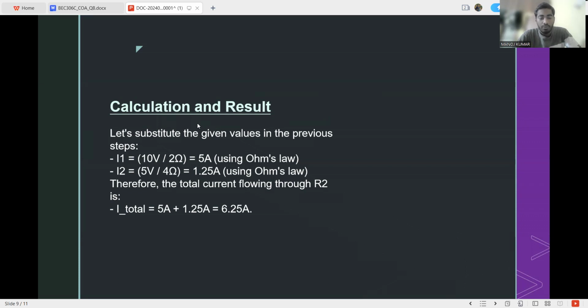Therefore, the total current flowing through R2, I total, is equal to 5 amperes plus 1.25 amperes, total 6.25 amperes. Result is equal to 6.25 amperes.